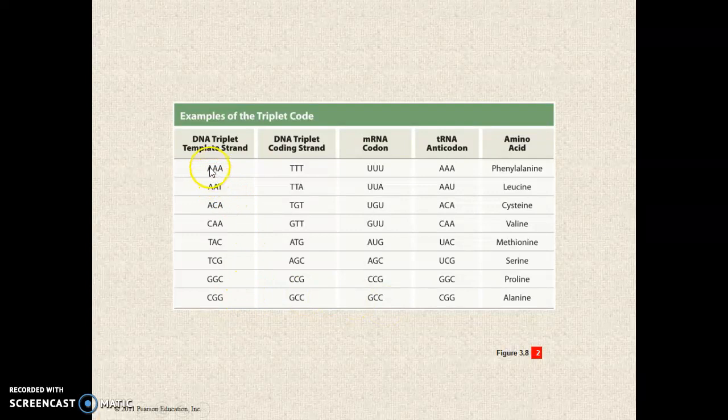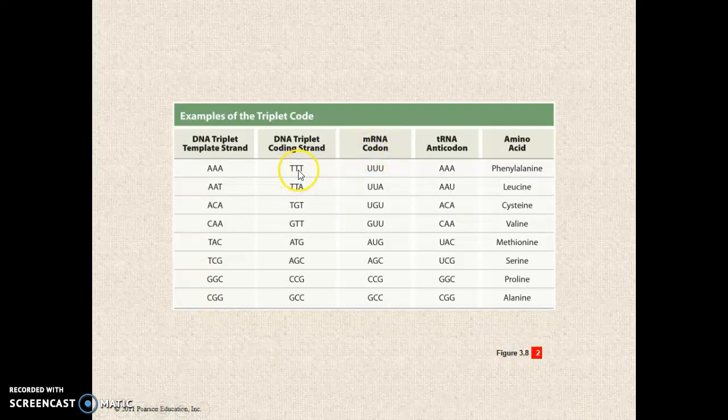So let's just say we've got a piece of DNA with AAA. Its complementary strand would be TTT, and this is the coding strand. That means this is the strand we're going to use to make proteins. So the strands open up, and a copy is made of RNA from the DNA coding strand.